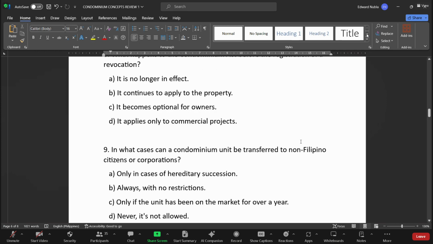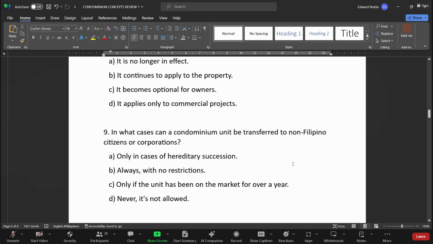Number 9. In what cases can a condominium unit be transferred to non-Filipino citizens or corporations? Number 9, Sir Richard. Letter A ba?